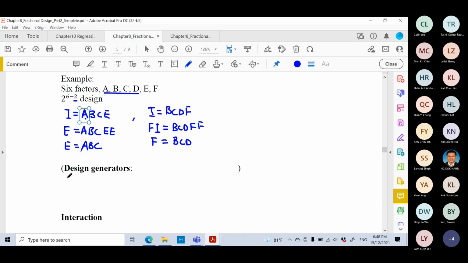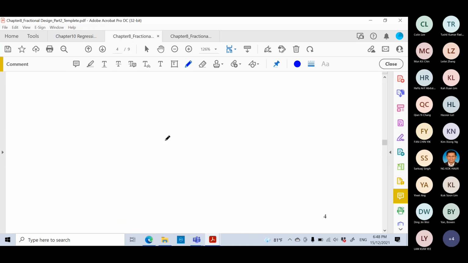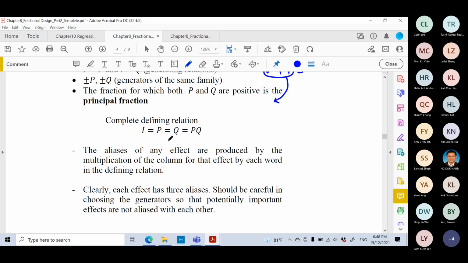Therefore, we can get E equal to ABC, and F equal to BCD. And just now, if you still remember what I mentioned, if P is a generator and Q is a generator, then the product of these two also is a generator.